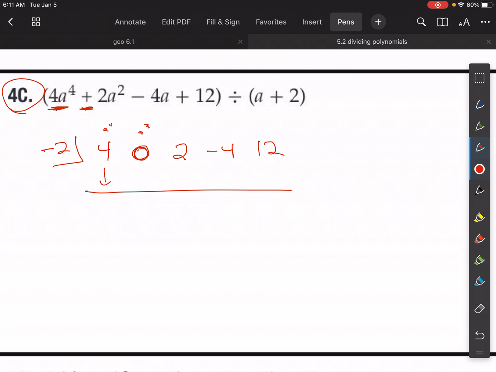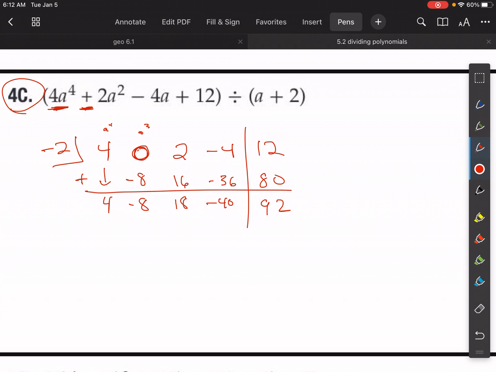Okay, so here we go. We have 4. 4 times negative 2 is negative 8. We're adding here, so this becomes negative 8. 16, 18, negative 36. So what is that? Negative 4 plus negative 36 is negative 40. Negative 40 times negative 2 is 80. Okay, add those and we were left with 92.